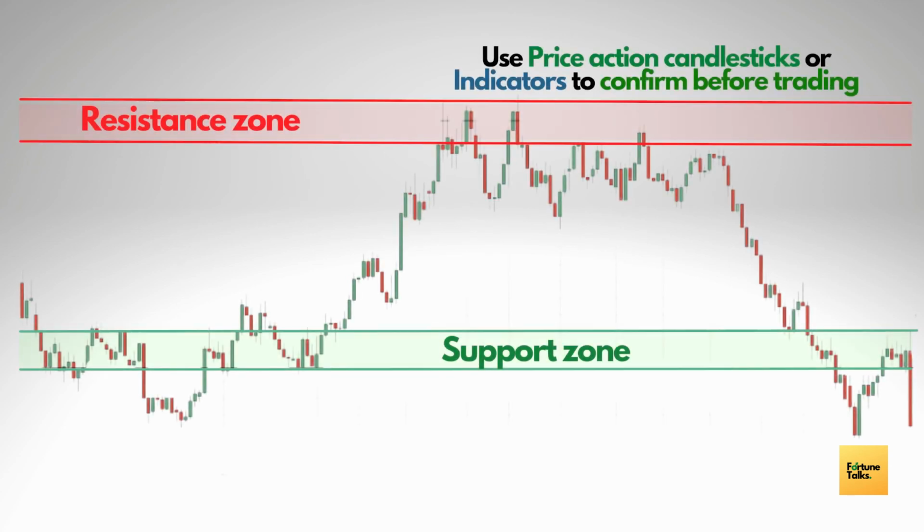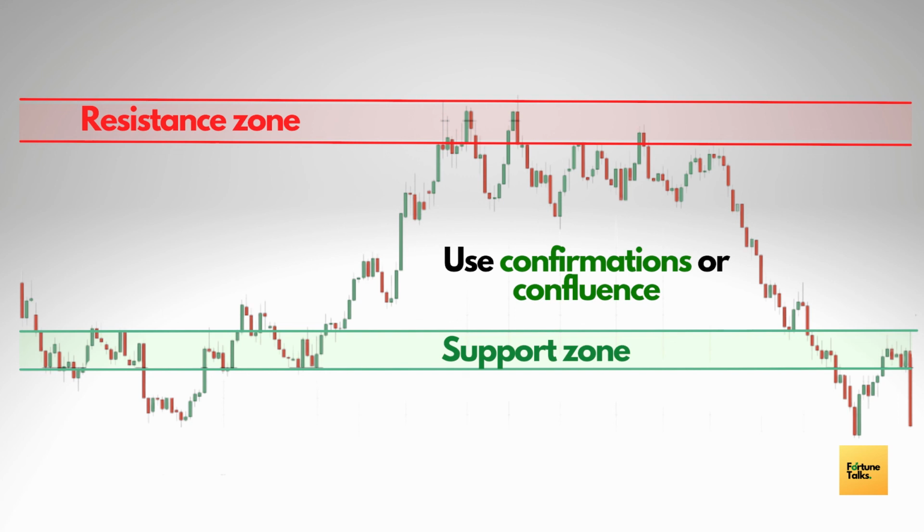Instead, what we should do is look for confirmations. In the previous episode, we talked about price action candles, which are very important. It is generally a very good idea to use some of these price action candles along with the support and resistance to actually make a trading system. That is a confluence trading system, which is much more efficient than using a single indication or a single confirmation.